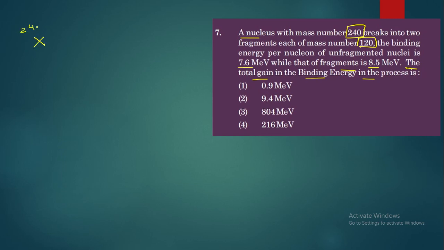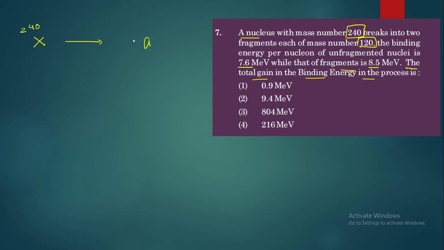So the context is the following. There was a nucleus. It breaks into two parts of equal mass number 120. Equal mass number does not imply the same element because the atomic number can be different. However, since we are supposed to calculate binding energy, which is related to the mass number, we can consider that both are of equal element anyway.